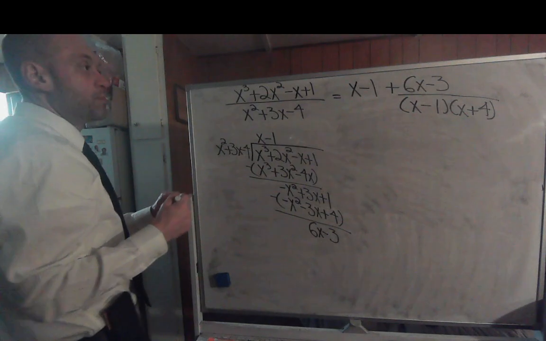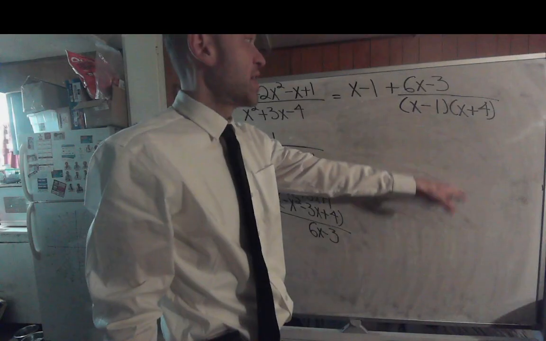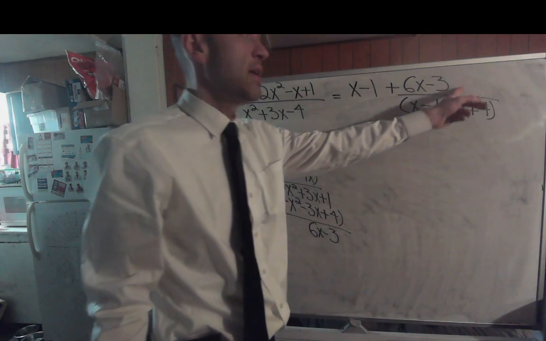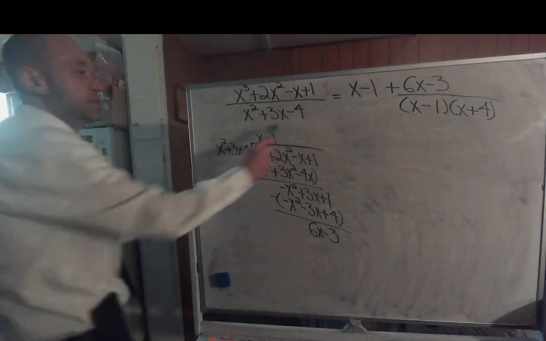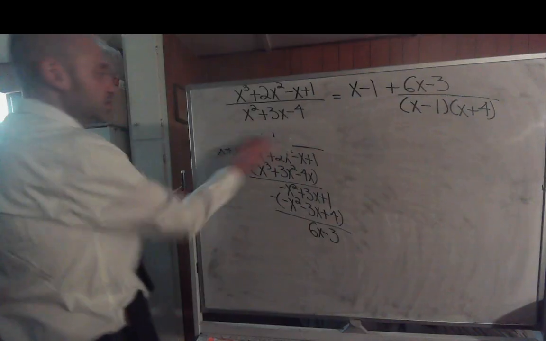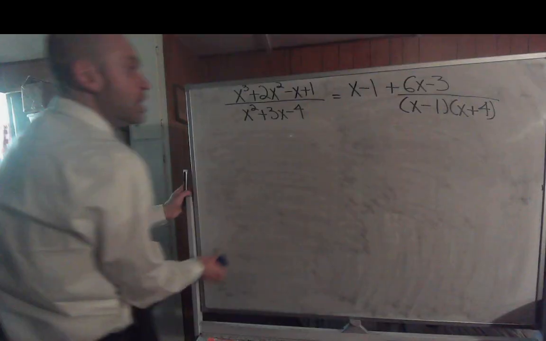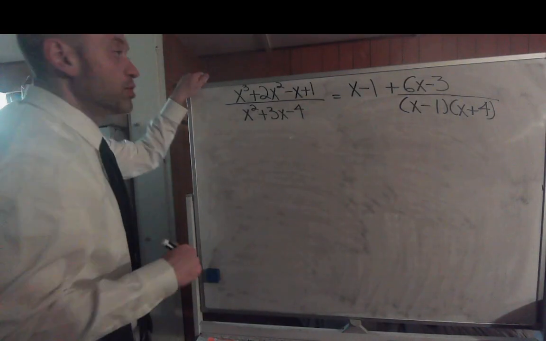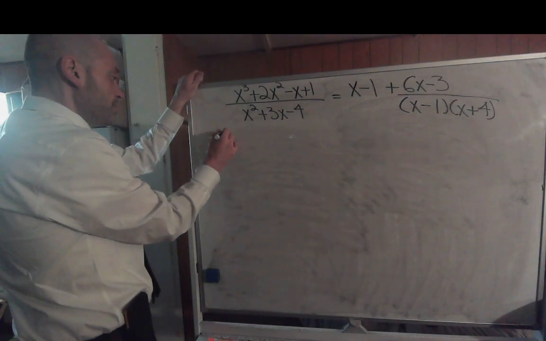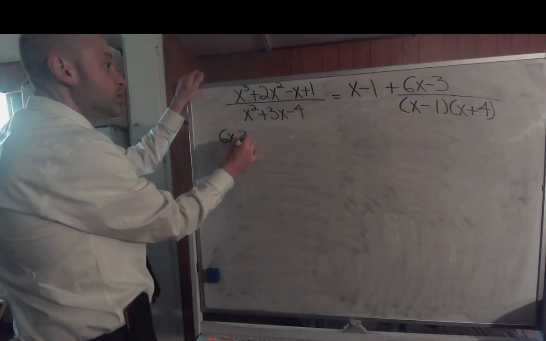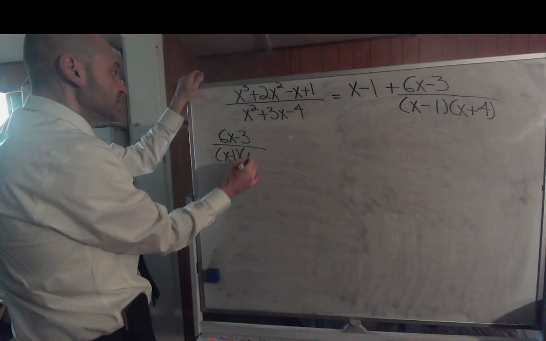Yep, so the only thing now we have to worry about taking the partial fraction decomp of is the remainder. That's 6x minus 3 over the factored form of the denominator. So let me erase this polynomial long division so we don't run out of room. So let's just deal with 6x minus 3 all over that x minus 1 times x plus 4.